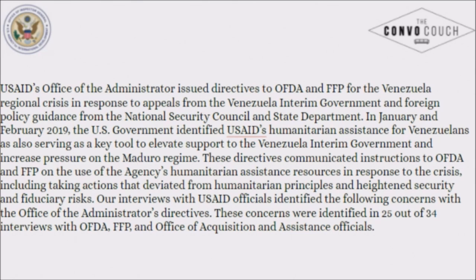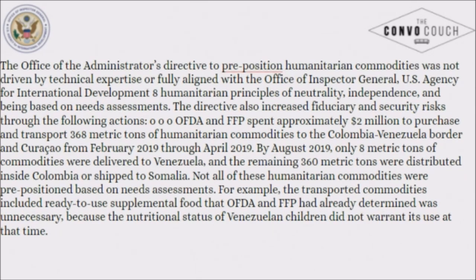And so they talk about their concerns and how they struggled to communicate, and they needed better communication and coordination and basically to be more involved, right? And then the Office of the Administrator's directive to the pre-positioned humanitarian commodities was not driven by technical expertise or fully in line with the humanitarian principles of neutrality, independence, and being based on needs assessments. The directive also increased fiduciary and security risks through the following actions.